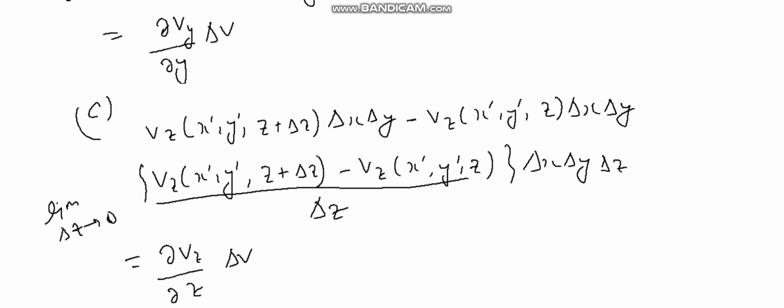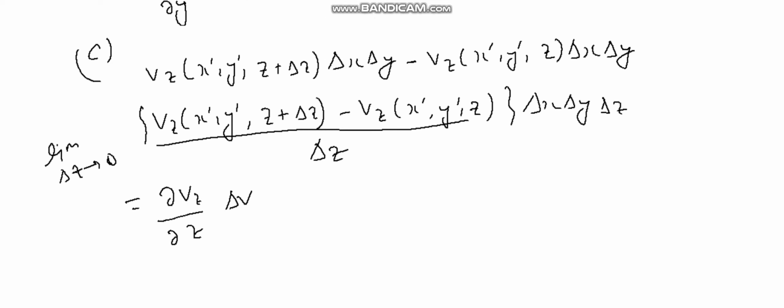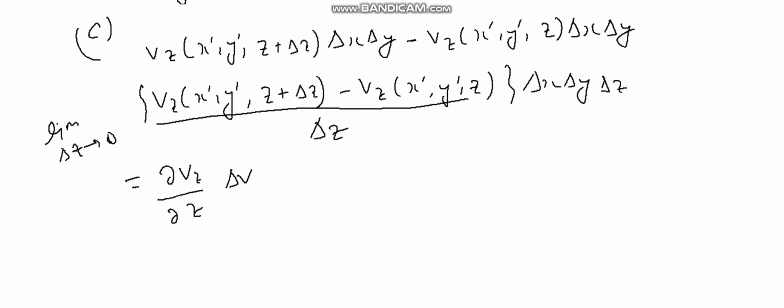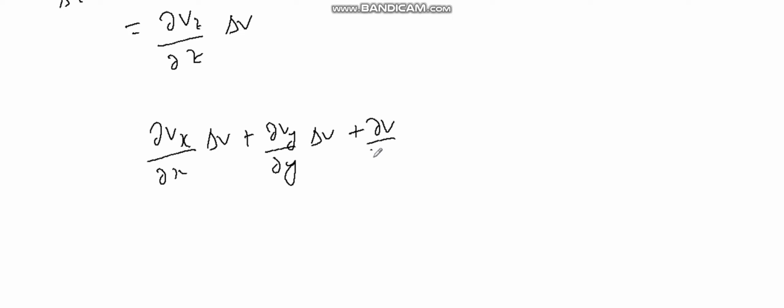So the total flux will become A plus B plus C, the summation of all these terms. Let me write it: del Vx by del x d of volume plus del Vy by del y d of volume plus del Vz by del z d of volume.